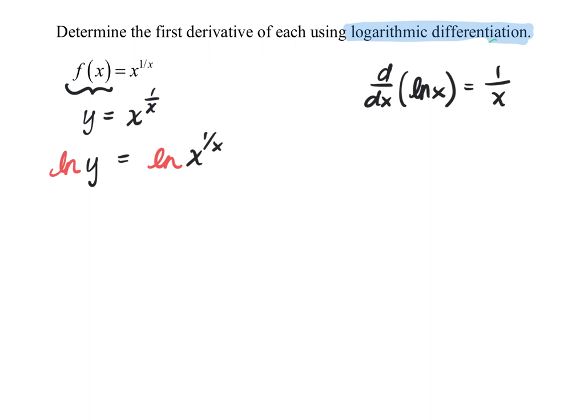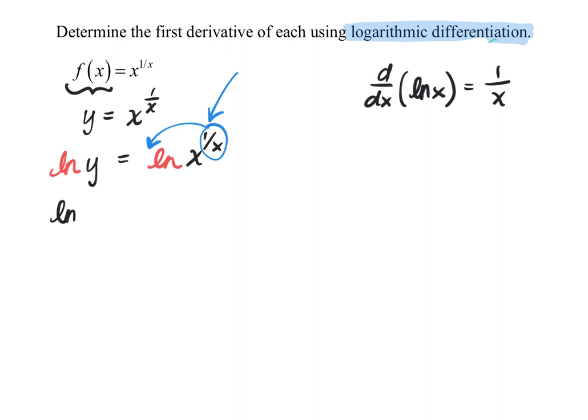Now, the whole purpose of logarithmic differentiation is you want to use your knowledge of logarithms to help make the derivative process easier. So we still want to continue using logarithms as much as we can on the right-hand side. In this case, we have our power rule for logarithms, which allows us to bring the exponent out in front.